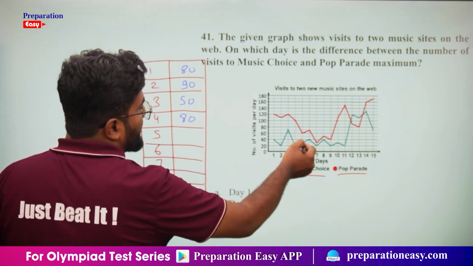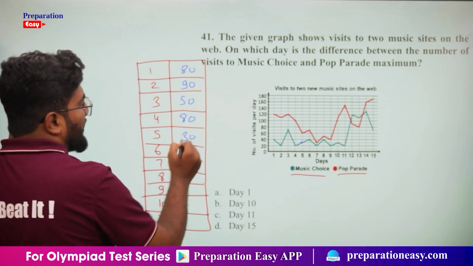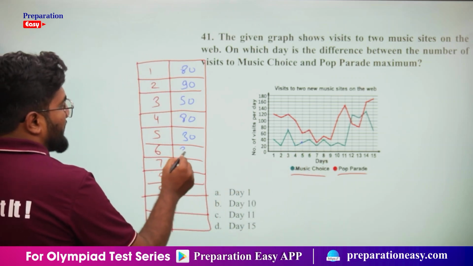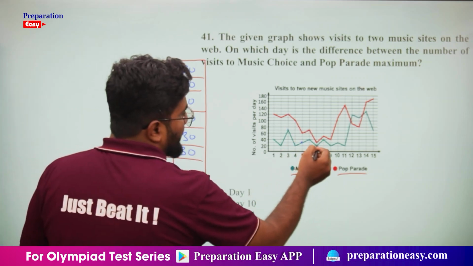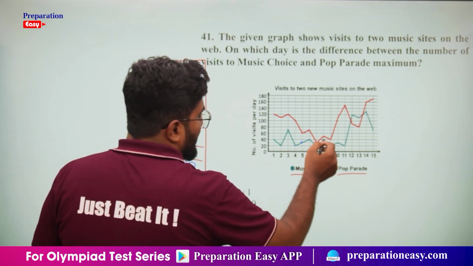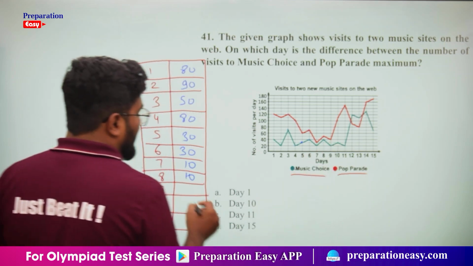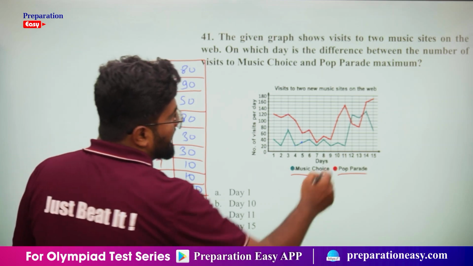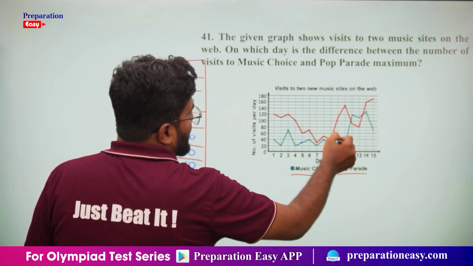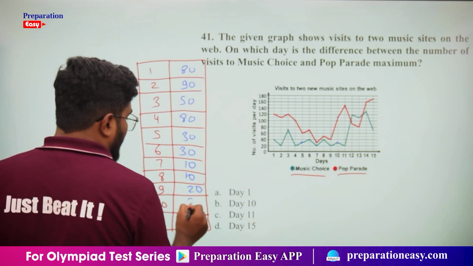Then fifth day 30 and 60, then 30. On the sixth day it is 40 and 70, then again 30. Seventh day 20 and 30, 10. Eighth day again 10. Similarly, ninth one 20. Day 10, that is 30 and 110. It would be 80.